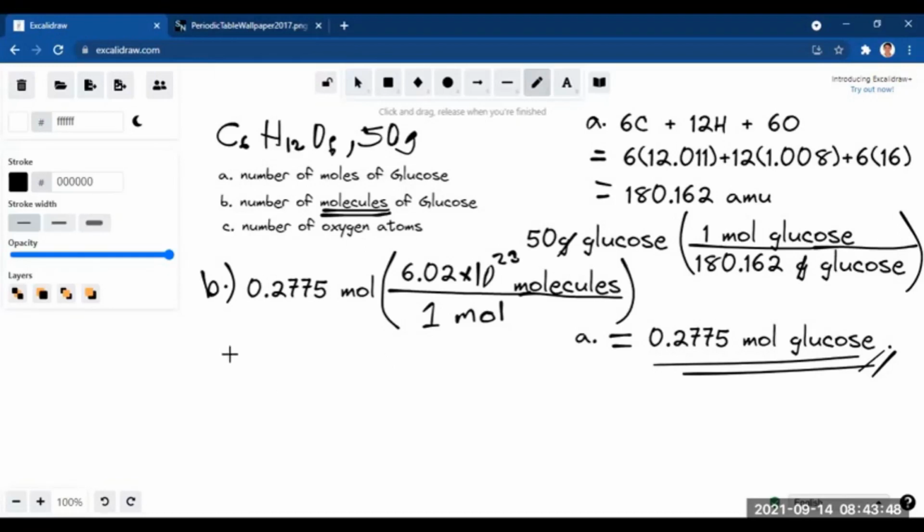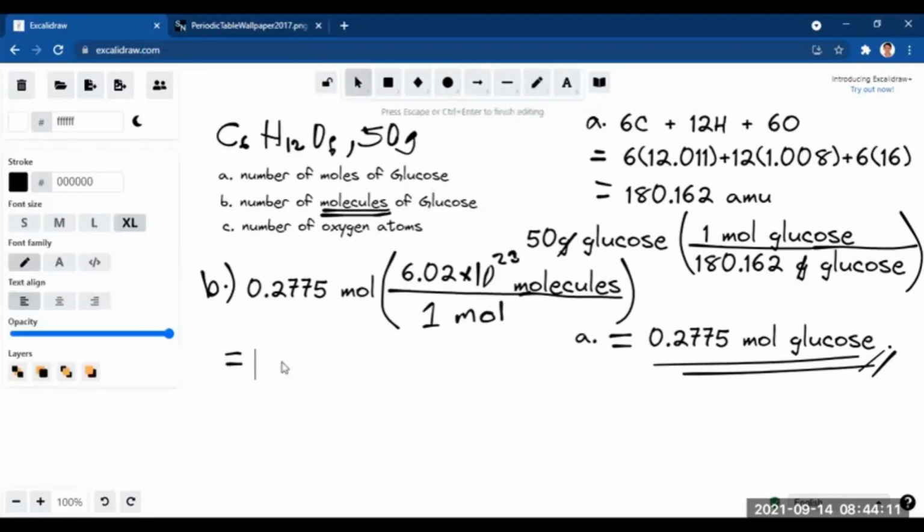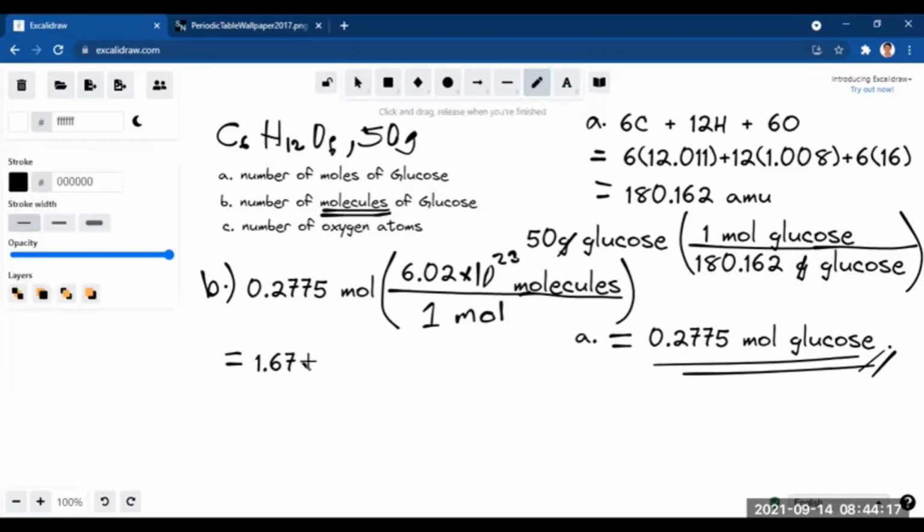So upon multiplication, we will have 0.2775 times 6.02 times 10 raised to 23, equal to 1.67 times 10 raised to 23 amount of molecules.